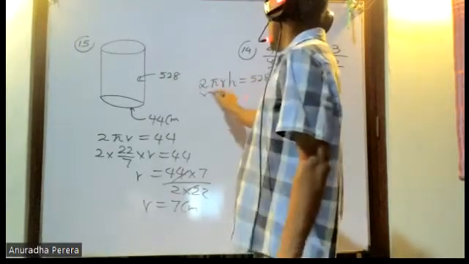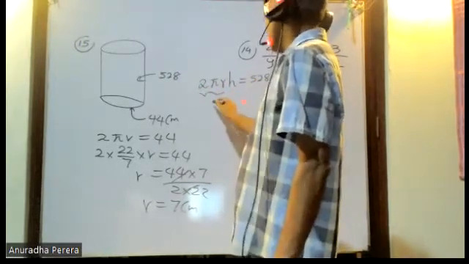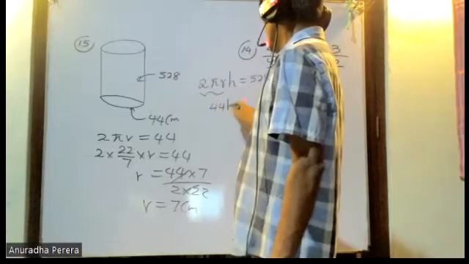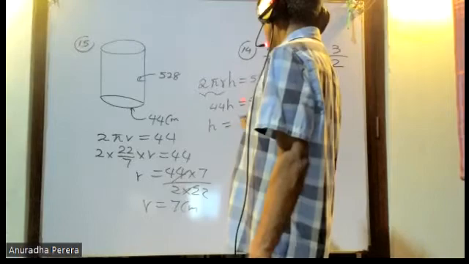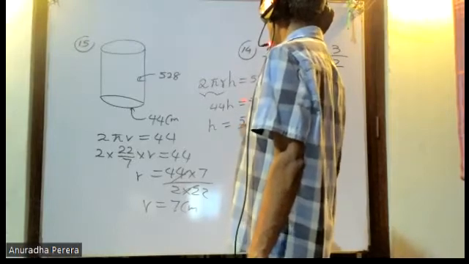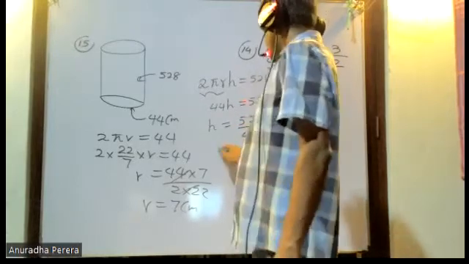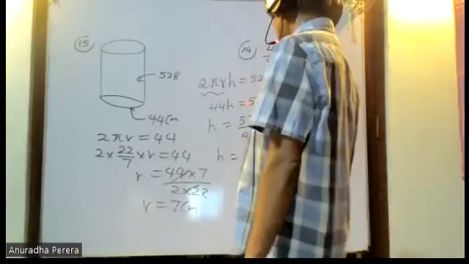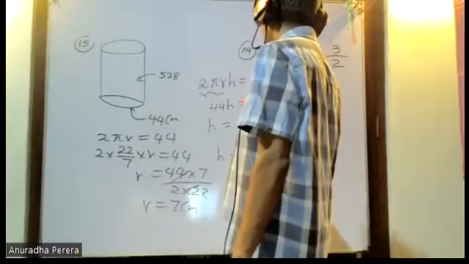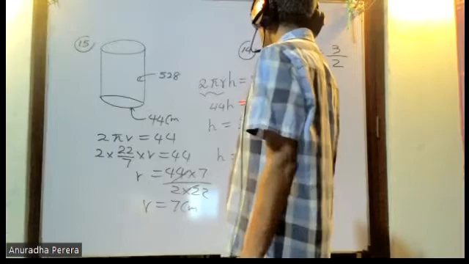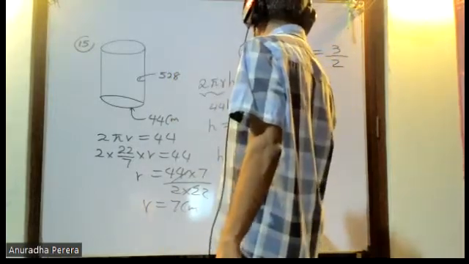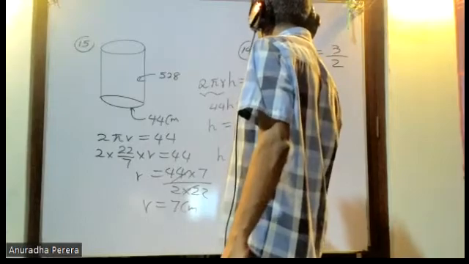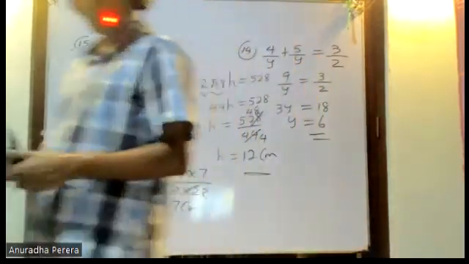Then we know 2 pi r is 44. And 44 h equals 528. h equals 528 over 44. If you divide by 11, 44, 4, 12 cm. The height is 12 cm.